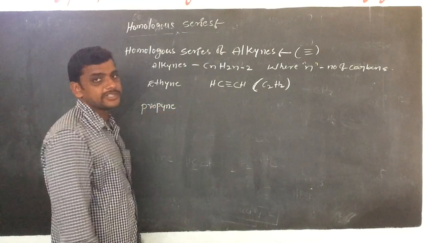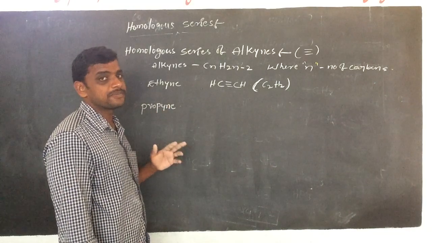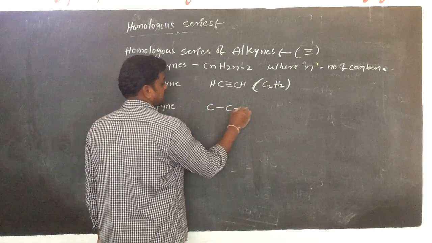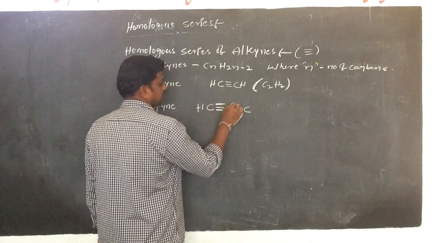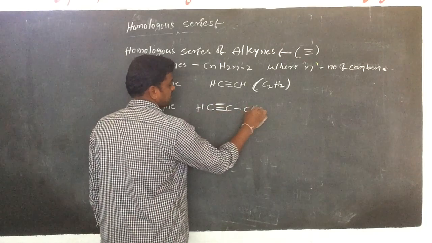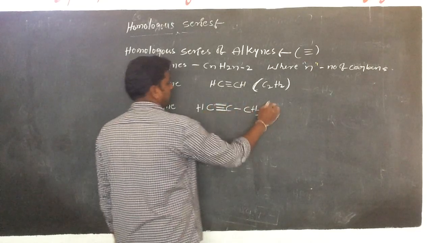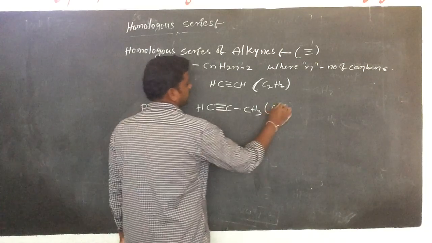Next is propyne. Prop means how many carbons? 3. Ine means one triple bond is present between any two carbon atoms. C triple bond C, here is already 4 bonds, and CH3. If you write the formula, C3, hydrogens are 4.